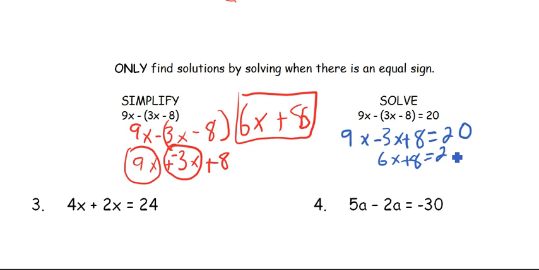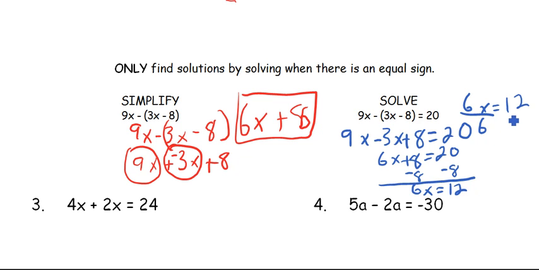Plus 8 equals 20. And then get rid of our constant. We have 6x equals 12. And remember, we divide. I'm just going to go ahead and put it up here so we have a little more room. 6x equals 12. We're going to divide by the number in front of x, which is the coefficient. And we get x equals 2.